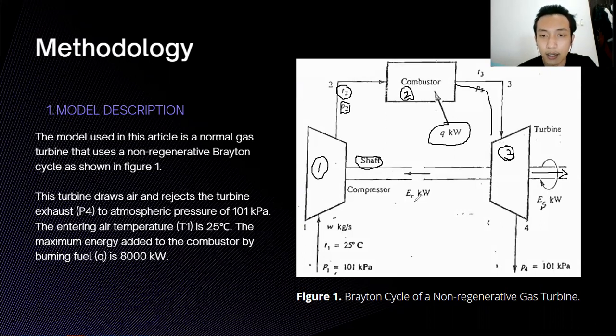So in this case, we will assume the energy needed by the compressor is EC, or E compressor, the energy of the compressor. The input power is Q in kilowatt. Then for the turbine we have ES, or E shaft, the energy transferred to the shaft. And then ET is the energy transferred by the turbine to the main power.